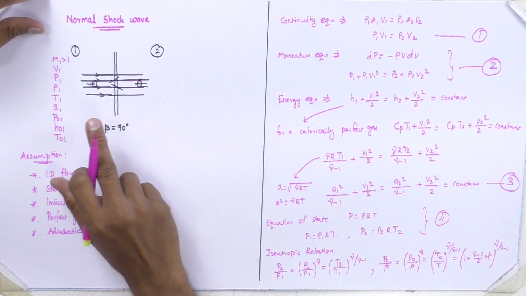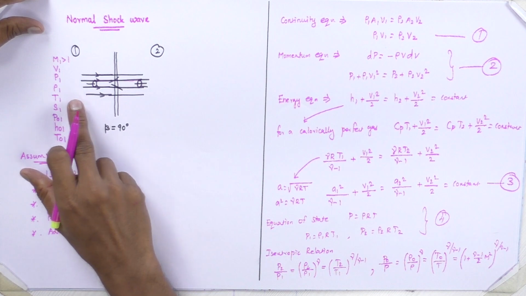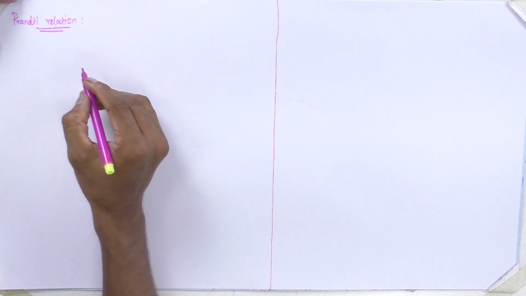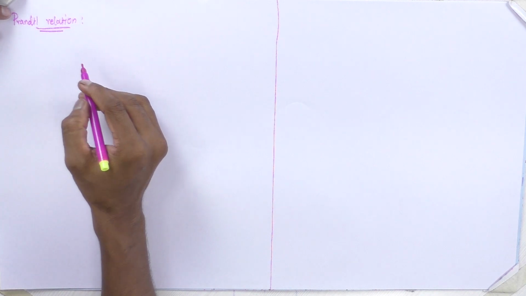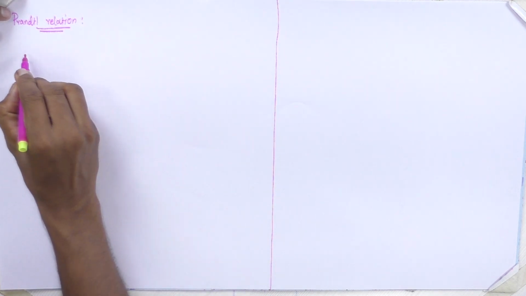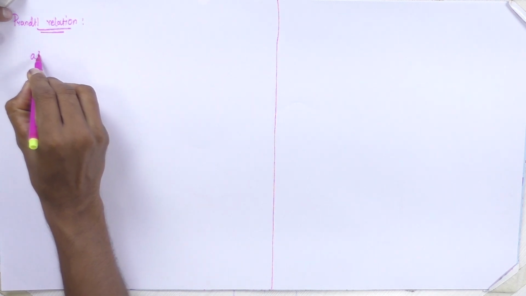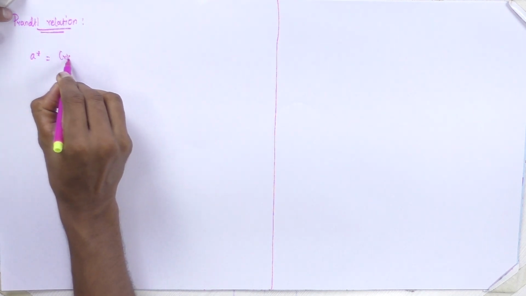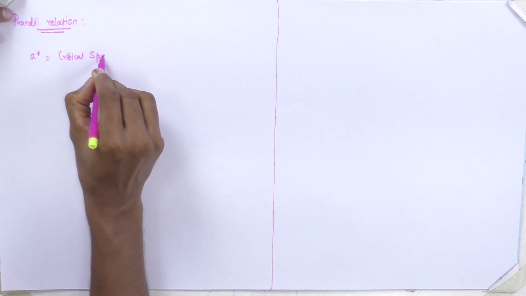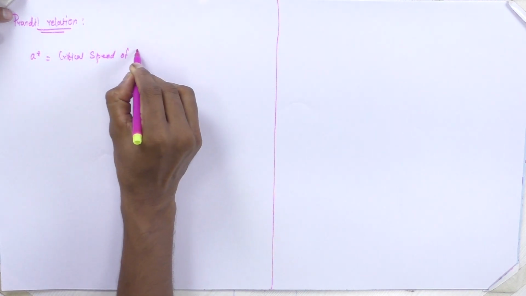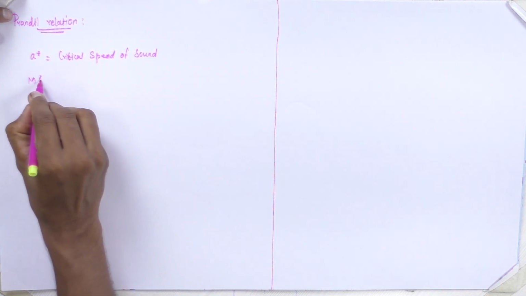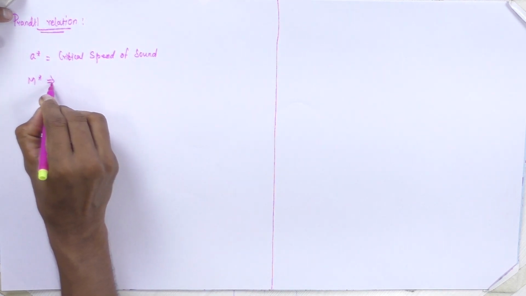But one person related region 1 and region 2 using two hypothetical parameters. For the first time, Prandtl related region 1 and region 2 with two hypothetical parameters: critical speed of sound and characteristic Mach number, M star.